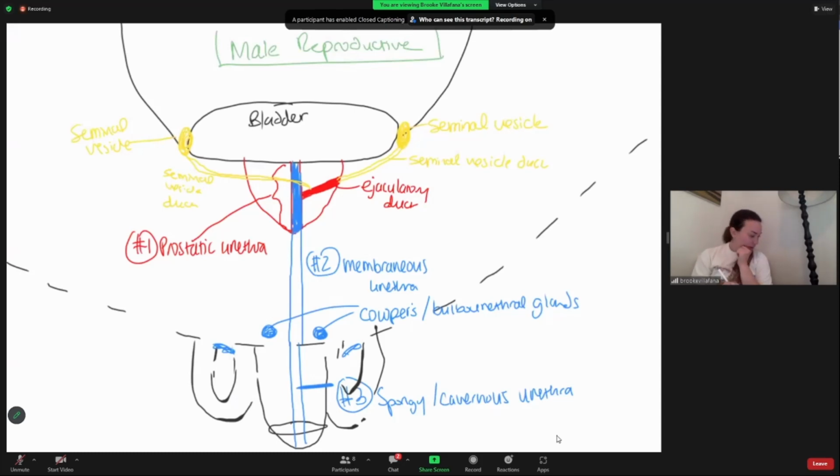It would then come up and join up also with the ejaculatory duct. Vas deferens, ductus deferens, seminal duct.